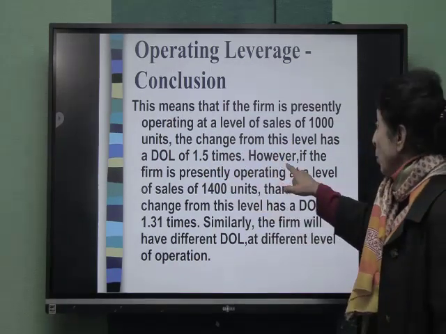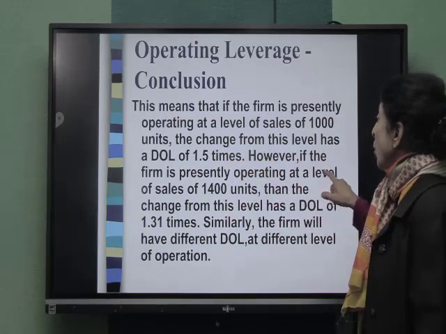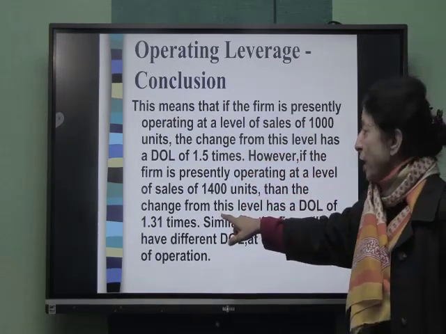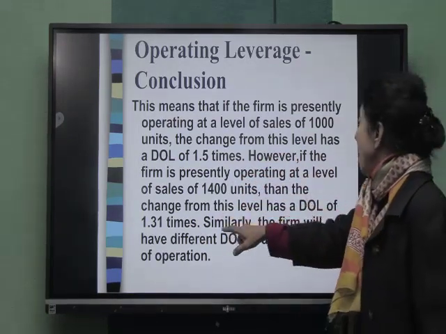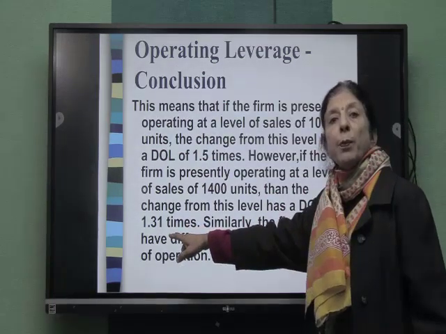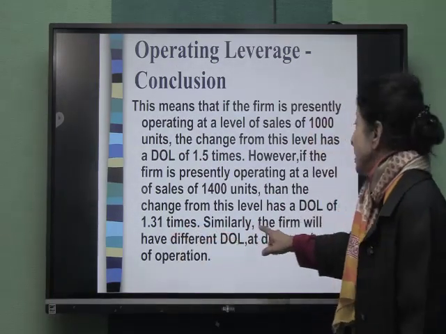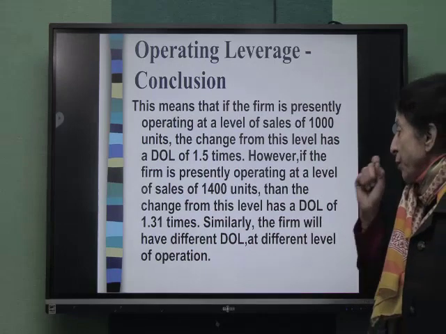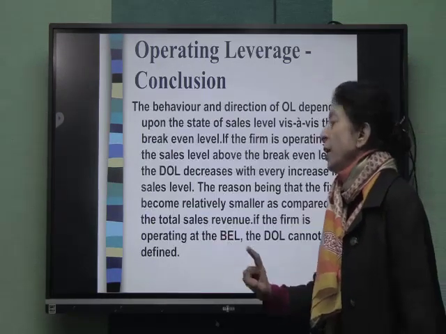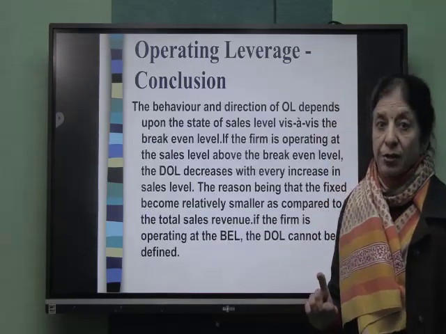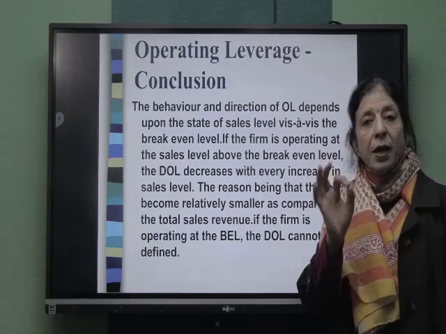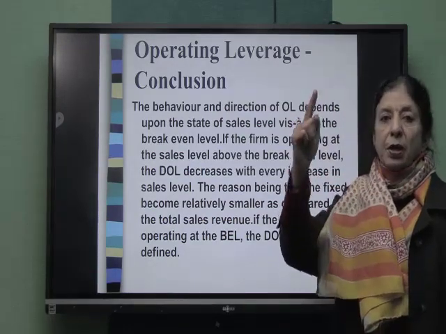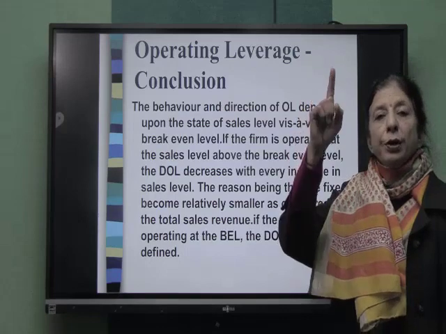However, if the firm is presently operating at a level of 1,400 units, the DOL has decreased to 1.31 times. Similarly, the firm will have different DOL at different levels of operation. Please remember what I told you: as the output increases, as the sales increase, DOL will decrease.